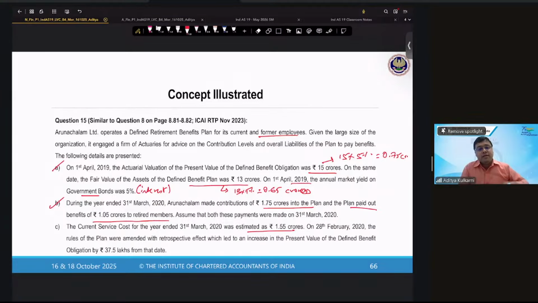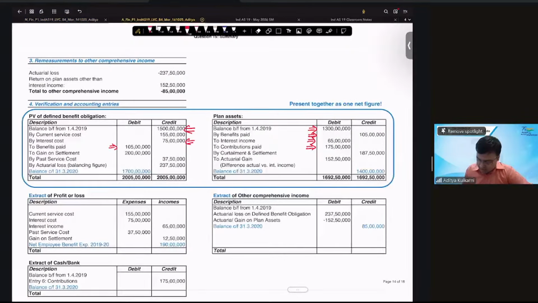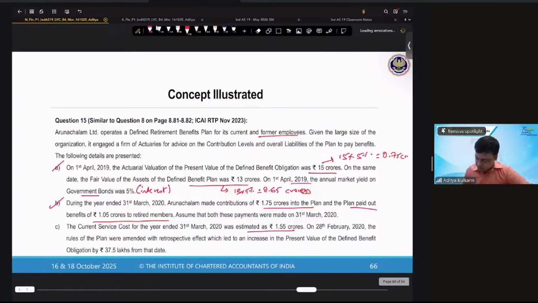So entry will be current service cost, which is a P&L item, credit the obligation, 1.55 crores. So this is done. So far, any doubts? I haven't done anything. I'm just putting the data in the appropriate places.